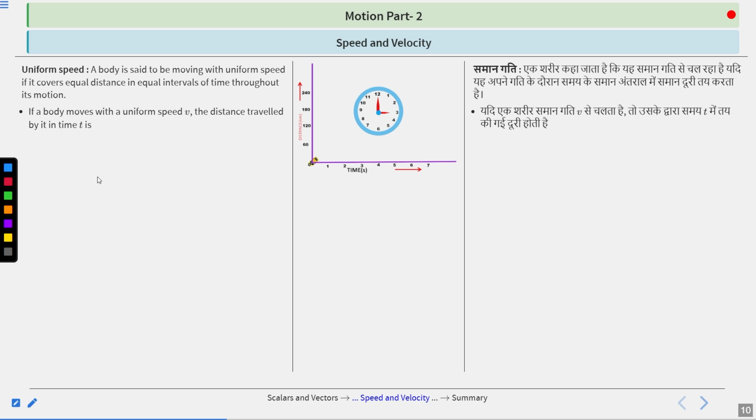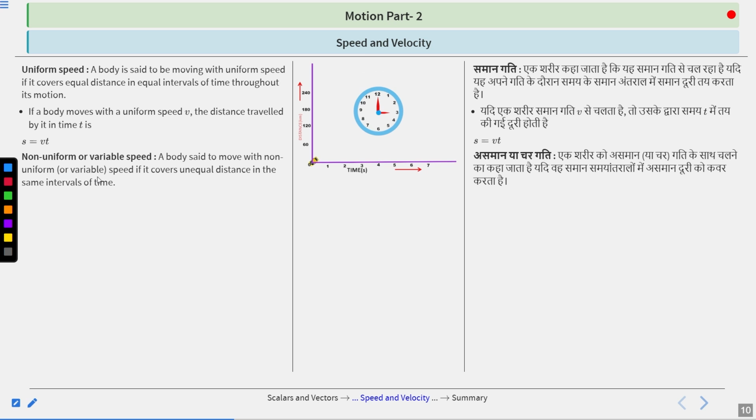If a body moves with uniform speed v, the distance traveled by it in time t is equal to v into t. Non-uniform or variable speed: a body is said to move with non-uniform or variable speed if it covers unequal distances in the same intervals of time.